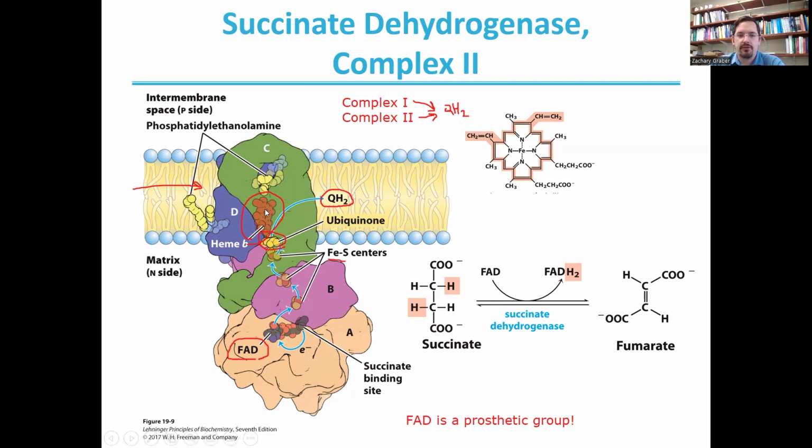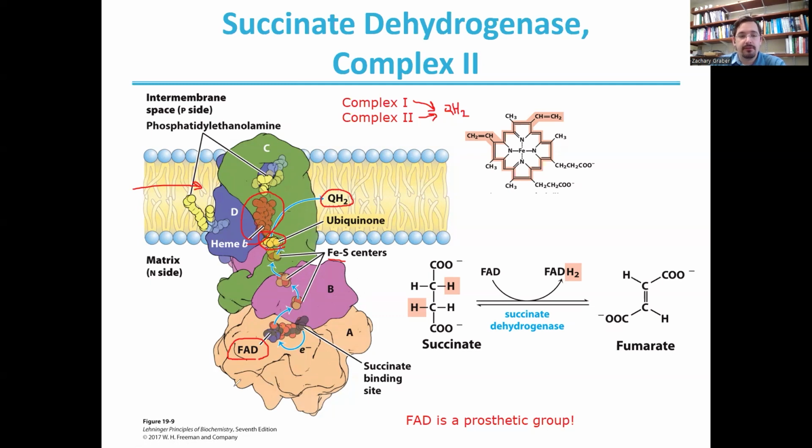So this cytochrome B here of our heme group isn't directly involved in the electron transport chain, but it just helps to catch extra electrons that might otherwise escape and cause oxidative damage.